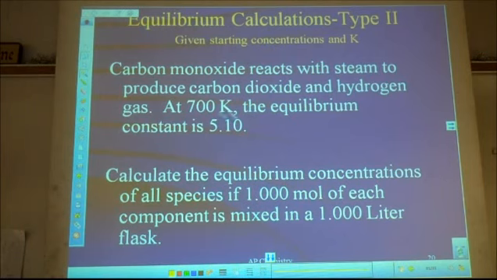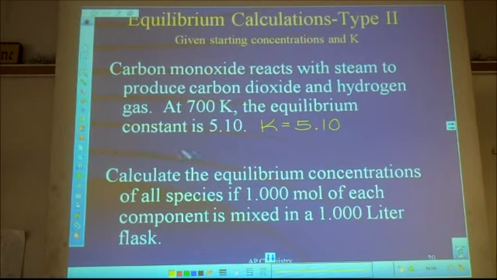Well, that is our first difference between type 1 and type 2. If you go back and look at the problems we did last class, we had to solve for the equilibrium constant value. It was not given to us. This time it is. So there's our first difference right off the bat.